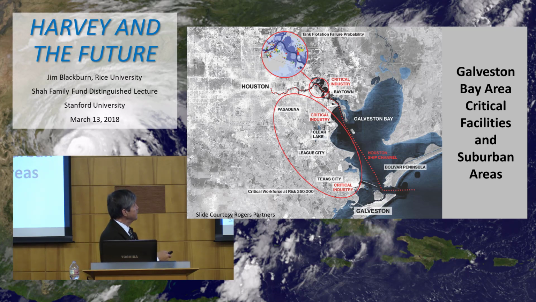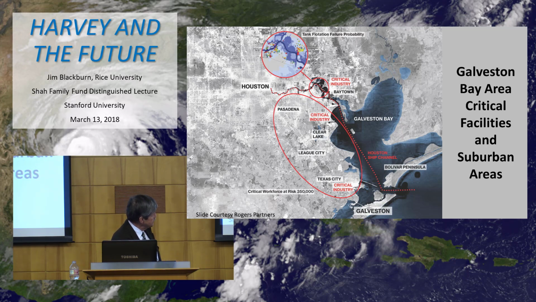Along Galveston Bay, most of Houston is back over here. This is the Houston Ship Channel, probably the largest manufacturing and petrochemical complex in the United States, probably second largest in the world to the Rotterdam complex. Possibly a complex in China is emerging.